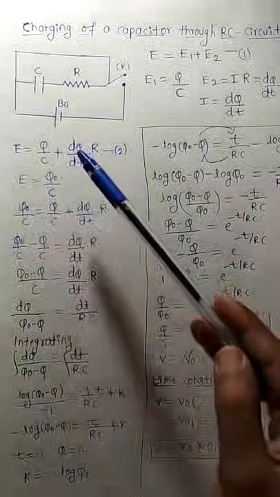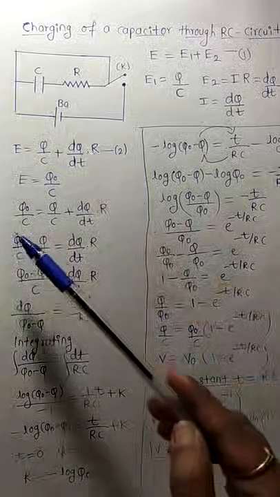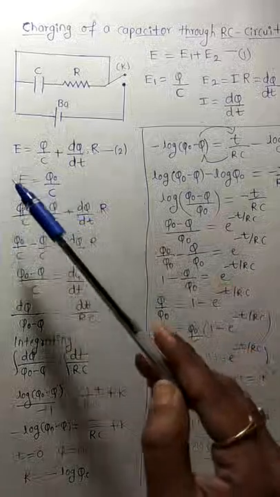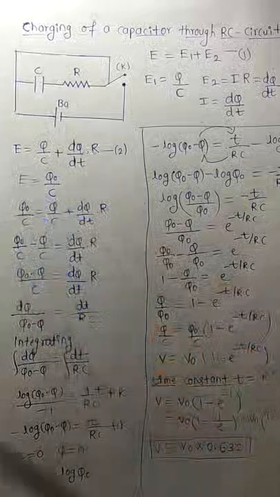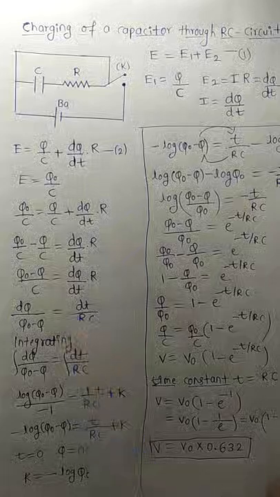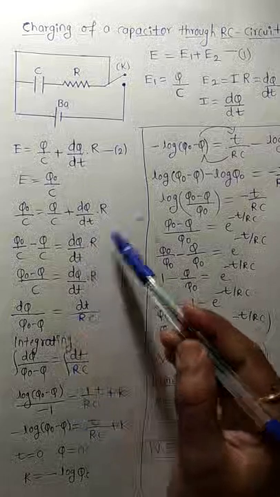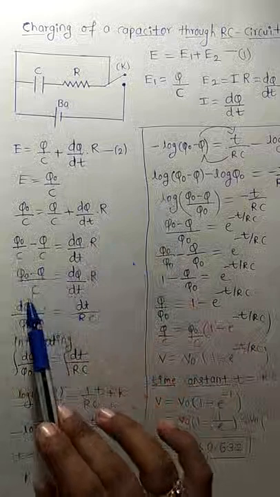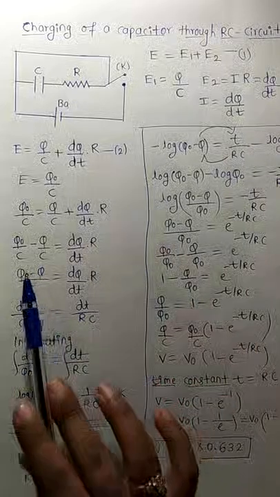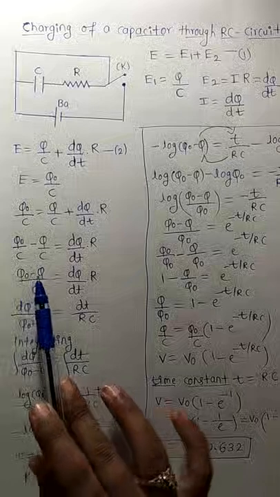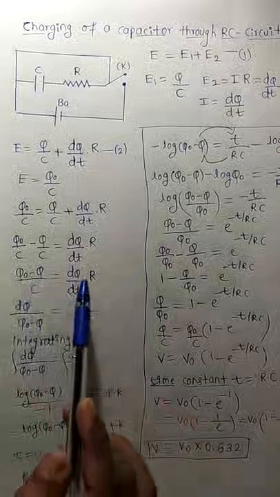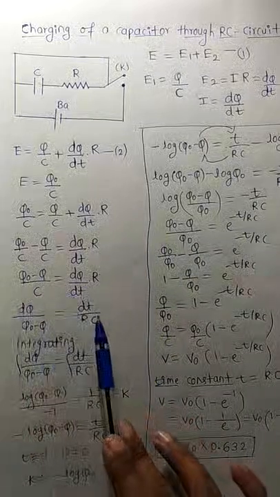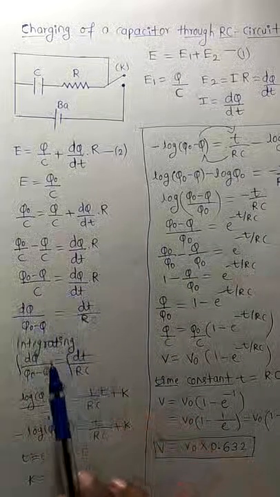Substituting in this equation number 2 and transferring q by c to this side, it becomes minus q by c, which is equal to dq by dt into R. As c is common in the denominator, taking LCM, in the numerator we got Q naught minus q, and make the q term one side and the other terms on the other side. So you got this equation.